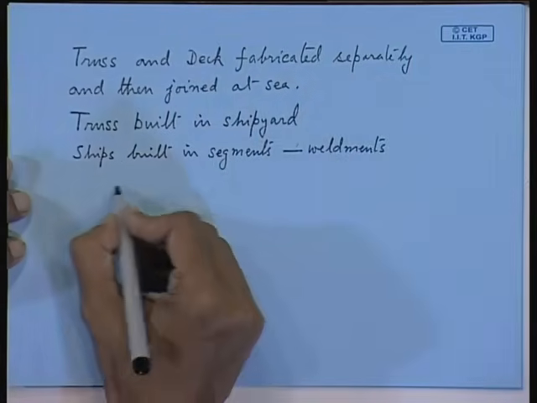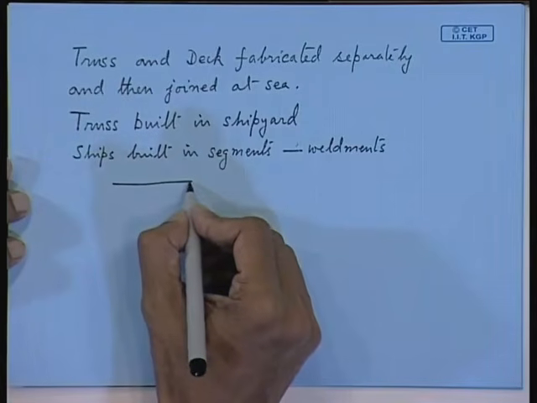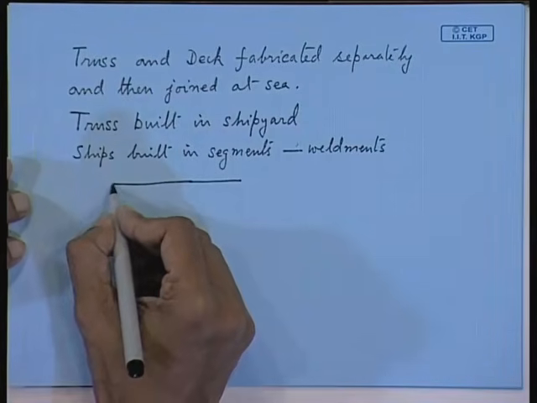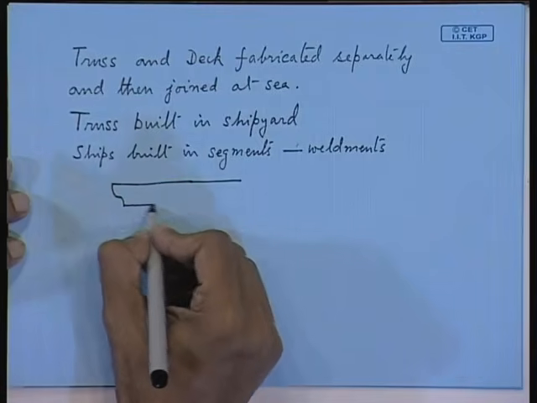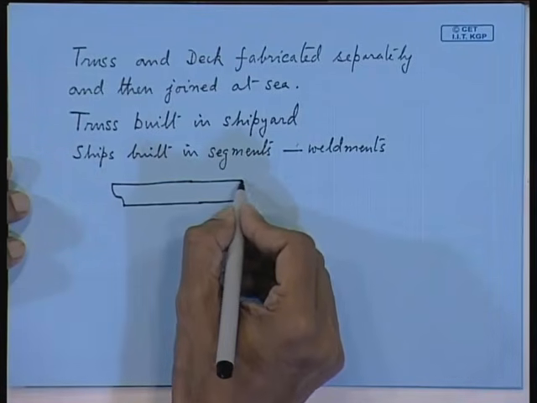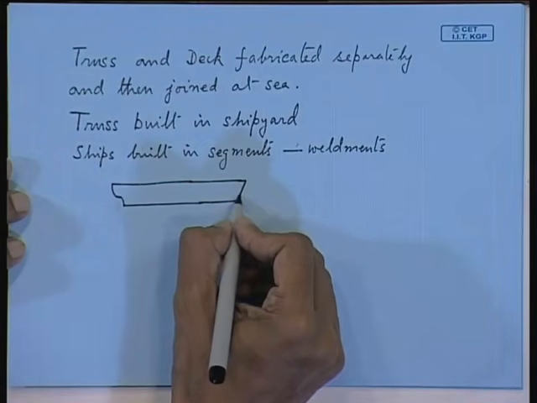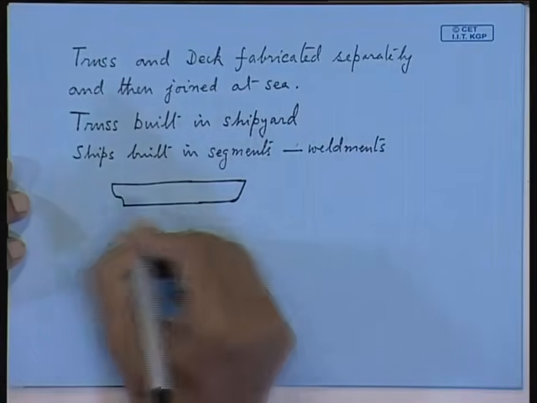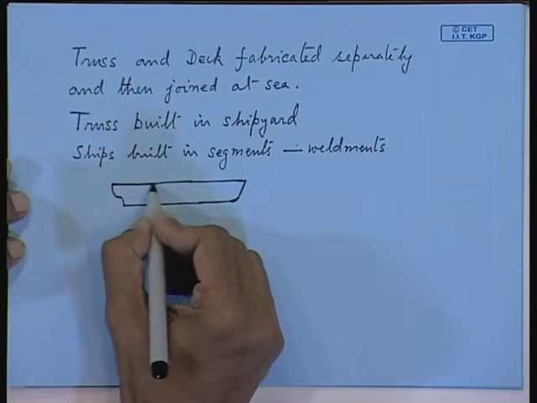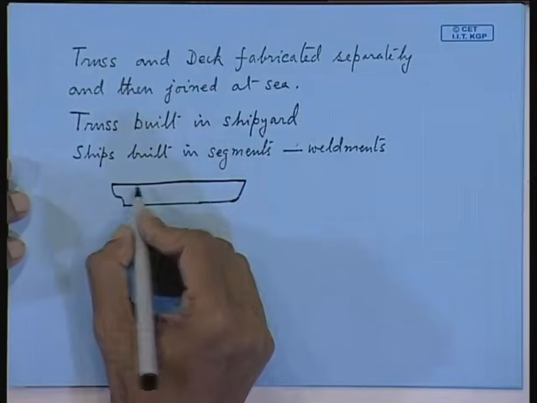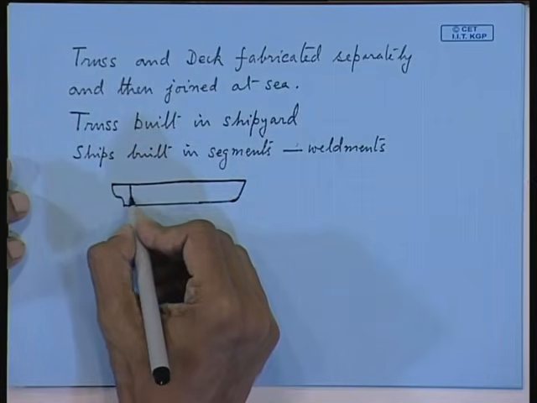That is, say this is the hull of the ship. You do not build the hull at one go, or for large vessels in the hull shop, they divide the hull into parts.